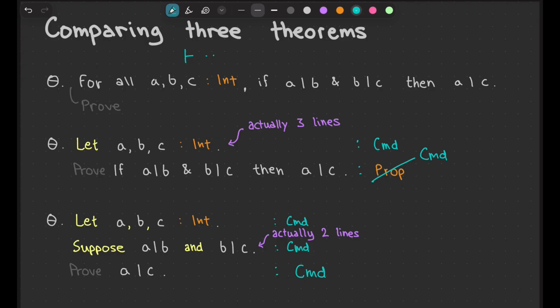The first one I could summarize like that: for all A, B, C, blah, blah, blah. While the second one would be, if I give you an int, another int, and C, another int, from these givens you can infer that A divides B and B divides C implies A divides C. And the third one would be something like, you have even more givens, you have all those integers, and then you also have a proposition, which is this.